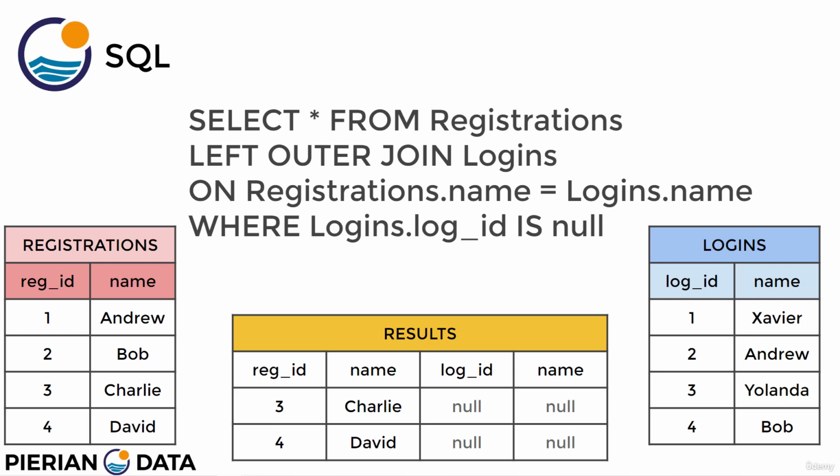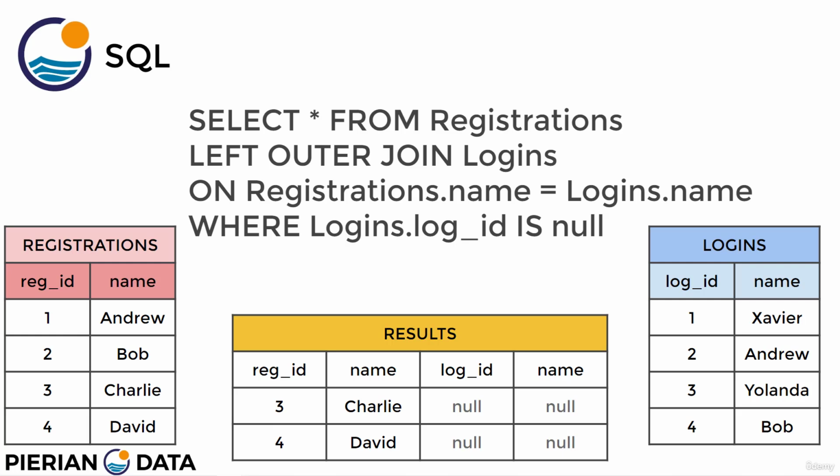Because the logins ID, that is from the right-hand table or table B, was null, this answers the question that these particular rows are exclusive to the left-hand table or the registrations table. So Charlie and David can only be found in the registrations table. They cannot be found in the logins table. So this is a left outer join with an additional specification to only grab rows unique to the left-hand table, that is table A or registrations in this example.